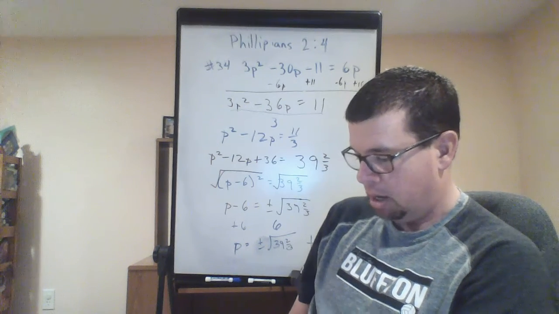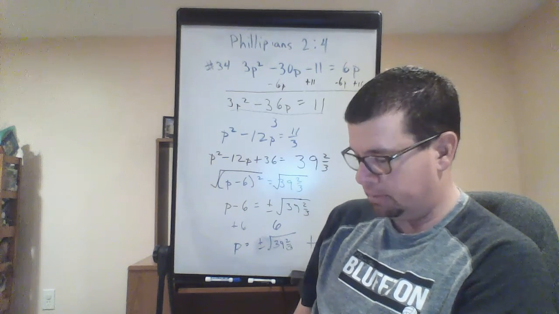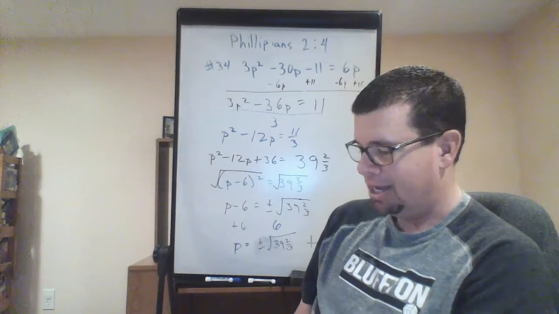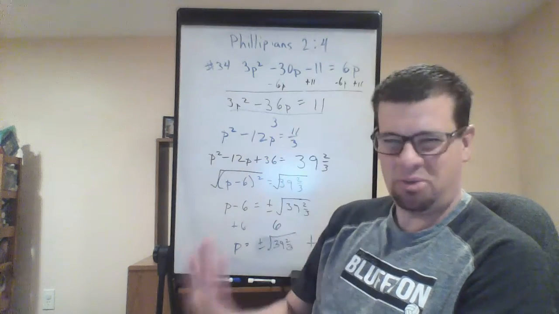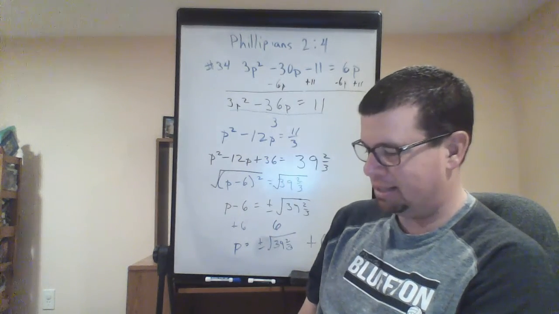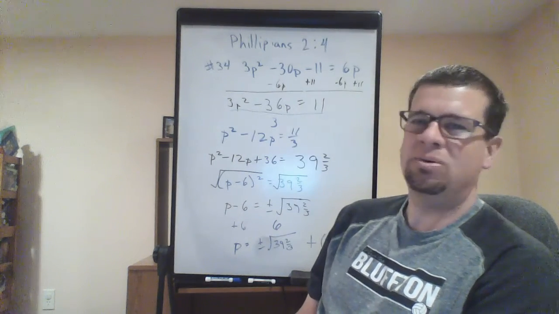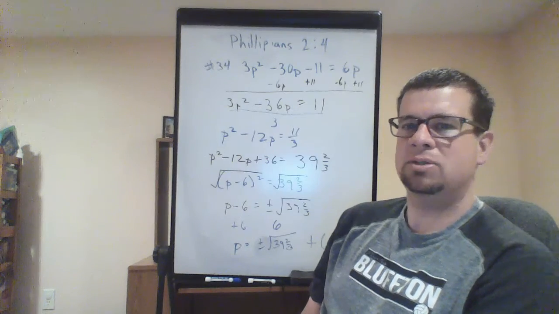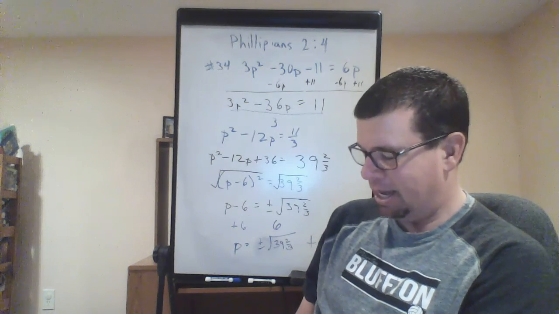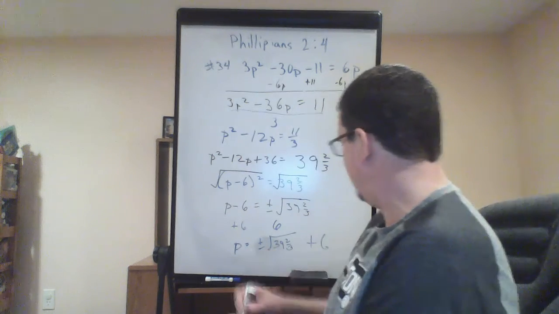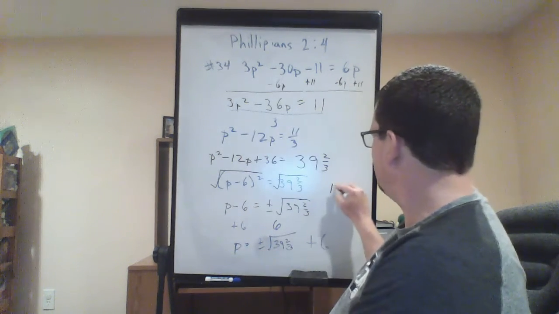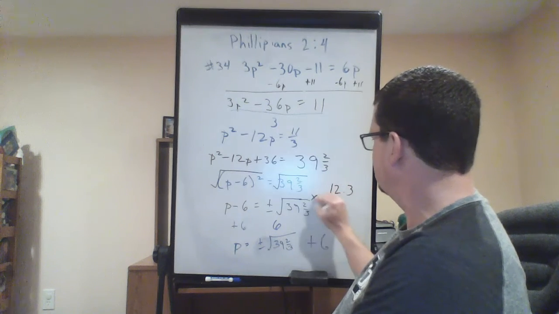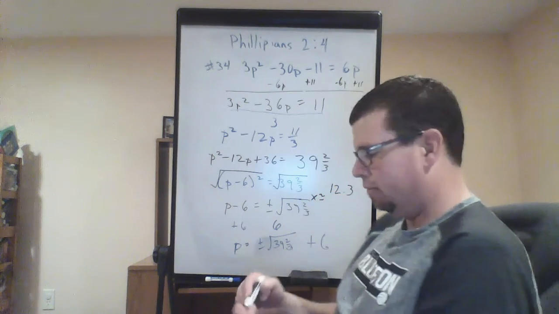So I do the square root of 39 and 2 thirds, and I get about 6.3 or so, and then I want to add 6 to that, so I get about 12 and 3 tenths. So that's going to be one of my answers. One of my answers is about 12 and 3 tenths.